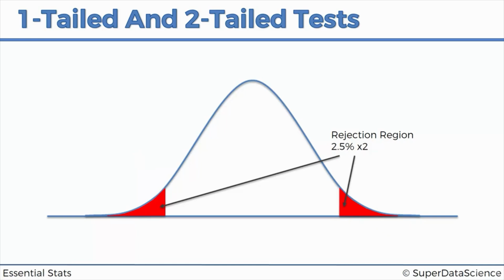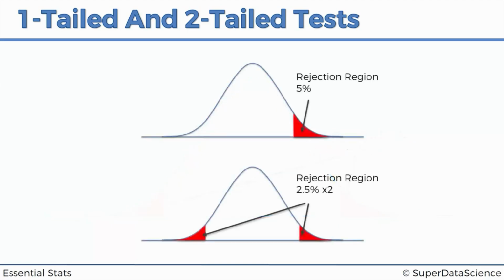Why is it so counterintuitive that a two-tailed test is actually stricter than a one-tailed test? So let's have a look here. We're going to try and understand this based on a real example, something that could happen in the real world, and that should hopefully clear things up.